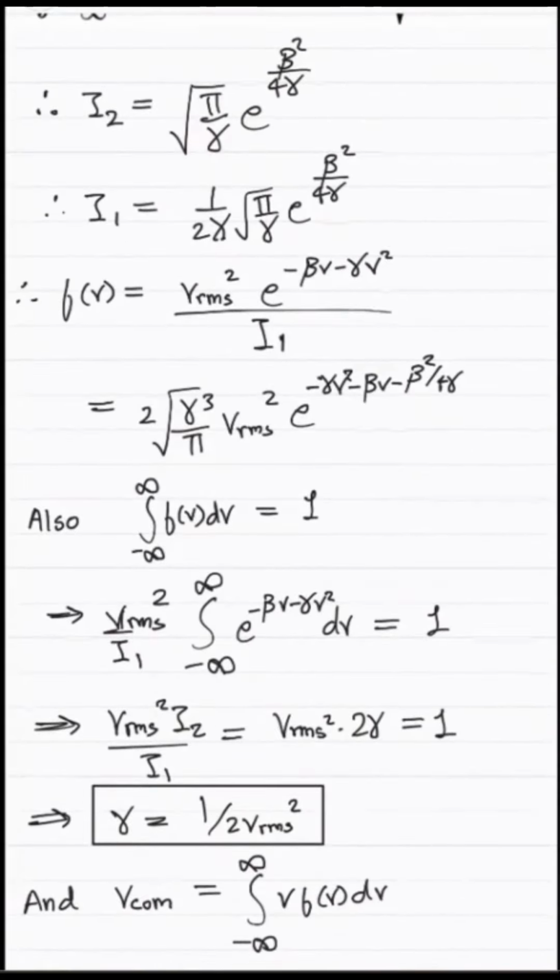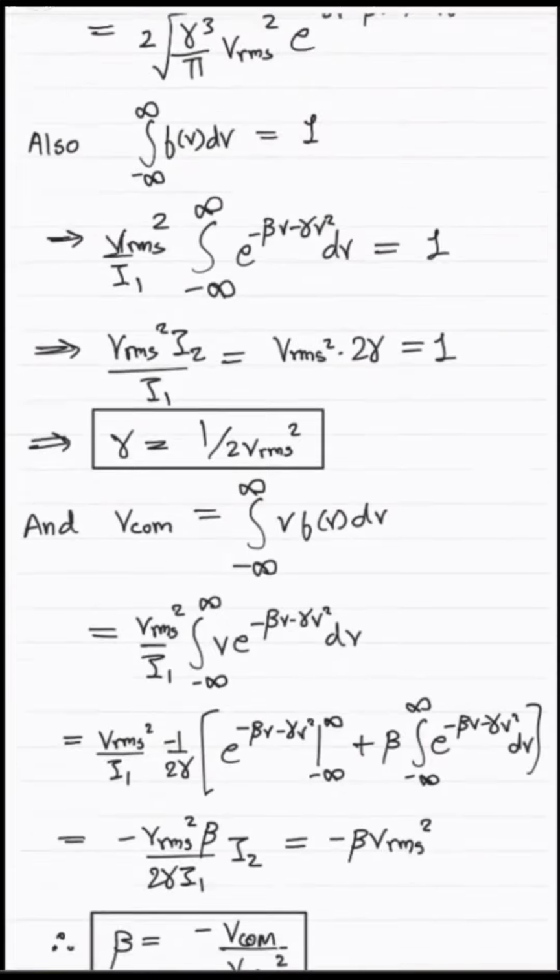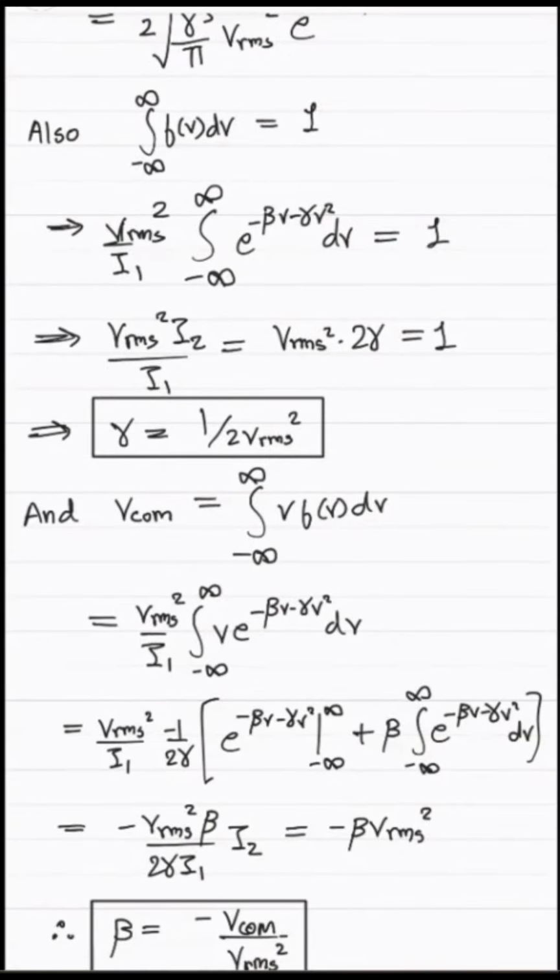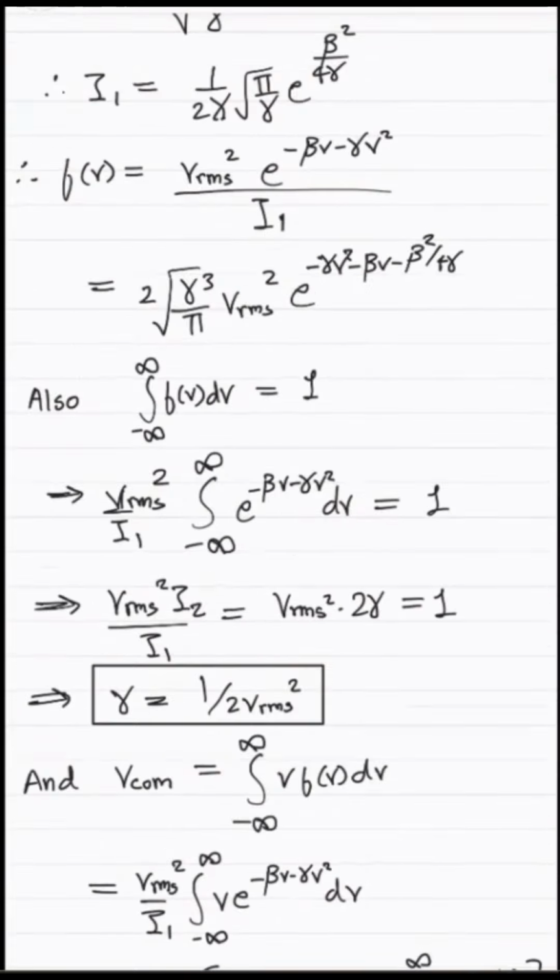So then you can write vrms squared upon I1 times the integration from negative infinity to infinity of e power negative beta v negative gamma v squared dv equal to 1, from this equation, of course, because our f of v is just this thing.